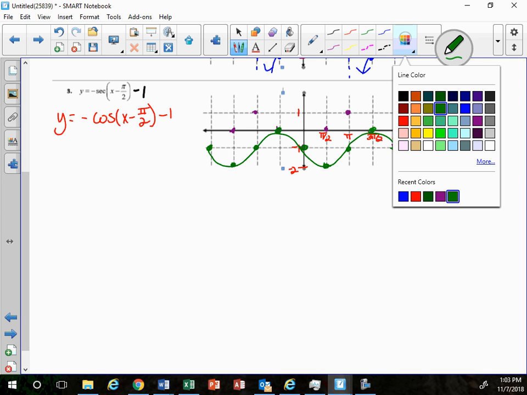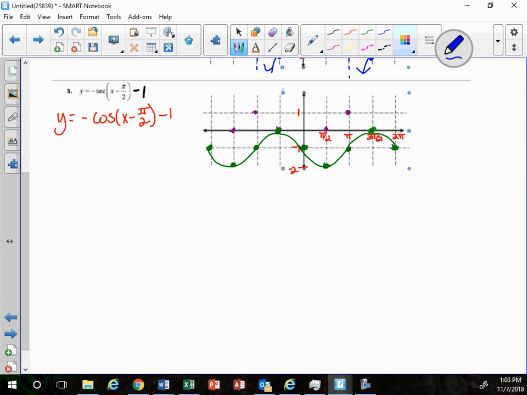Draw it in just so you can see it because there's a lot of dots happening there. So then to actually make it secant, where are the asymptotes going to be? Yes. They're still through those midline points, guys. It's not what's on the x-axis now, it's what used to be on the x-axis. Those middle points give you asymptotes.